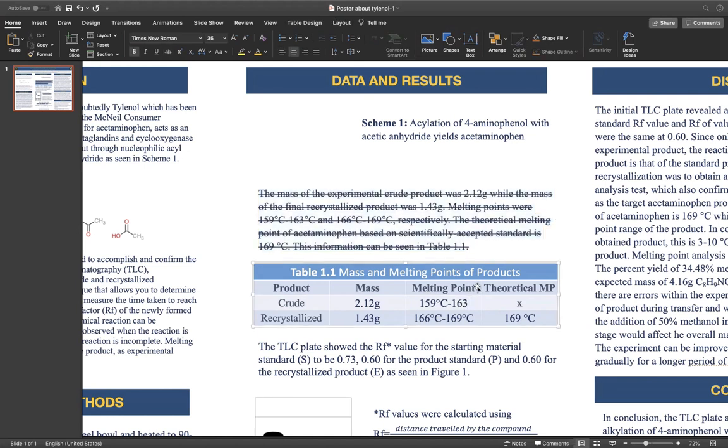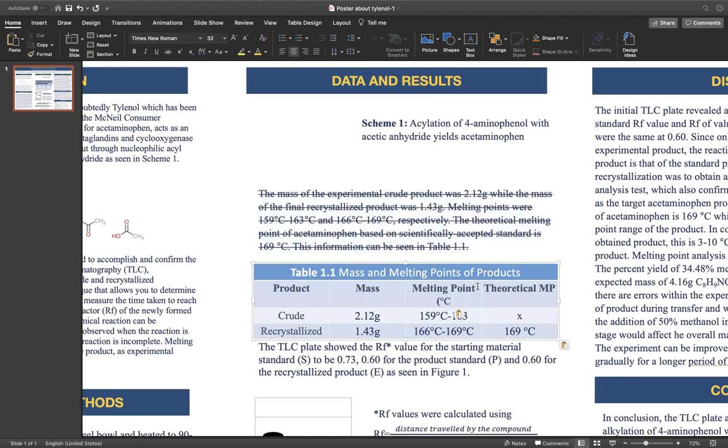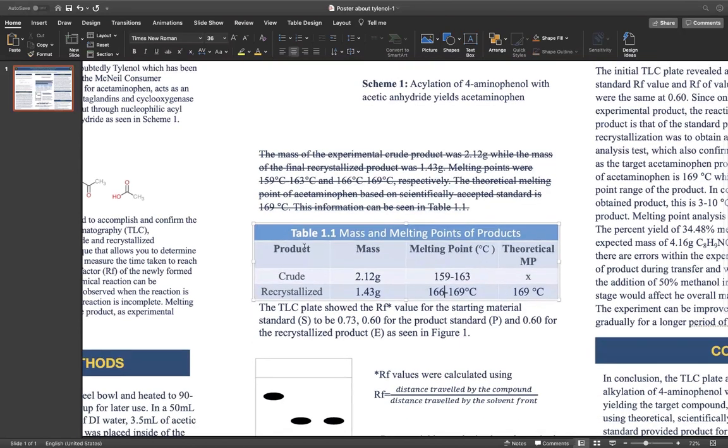There's a lot of things that you could do that would make it easier on you. You could include the melting point right there, and then really don't need to. If you kept it at the bottom, it would be 166 to 169, and then you have the degree Celsius, right? Okay, well, you have the product, the mass, the melting point, crude, recrystallized, theoretical.